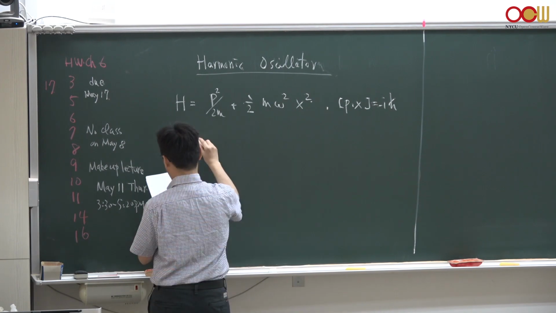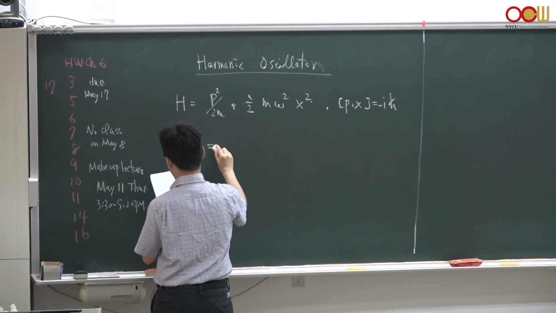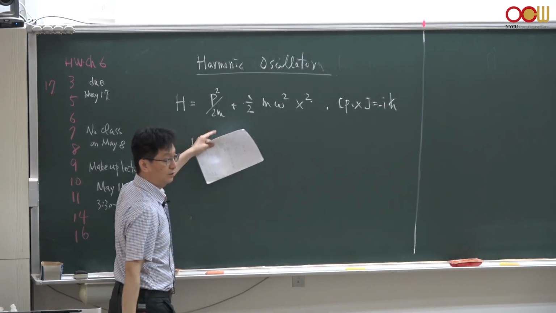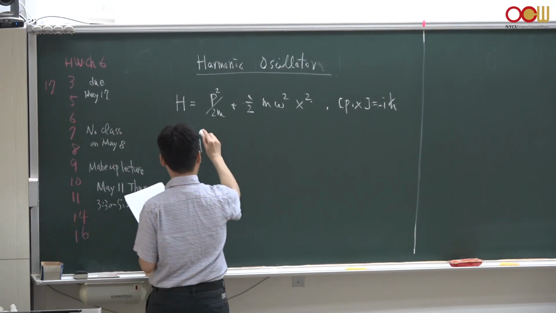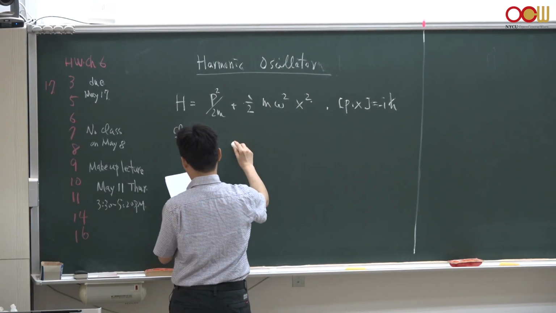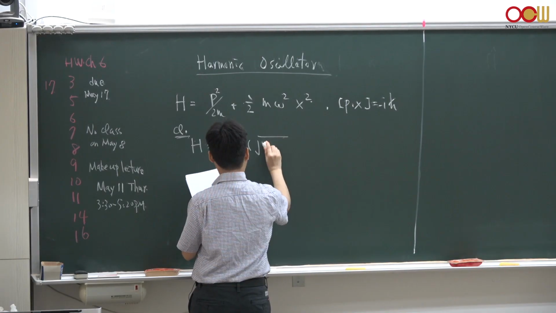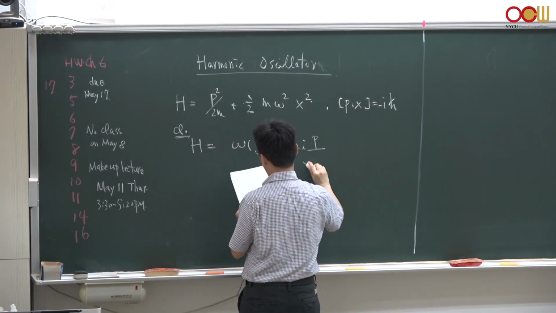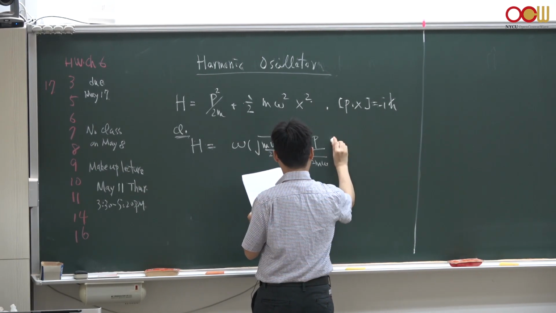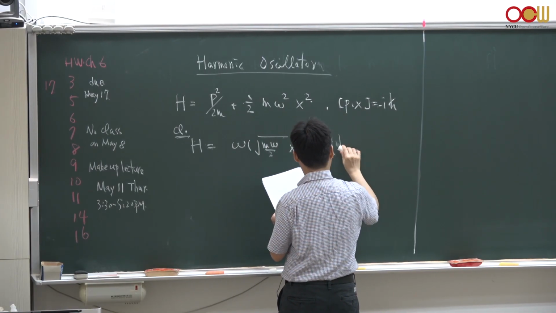And we will notice this kind of combination of the X and P operators. In classical mechanics, this Hamiltonian is simply re-expressed in terms of this product of two conjugate operators.